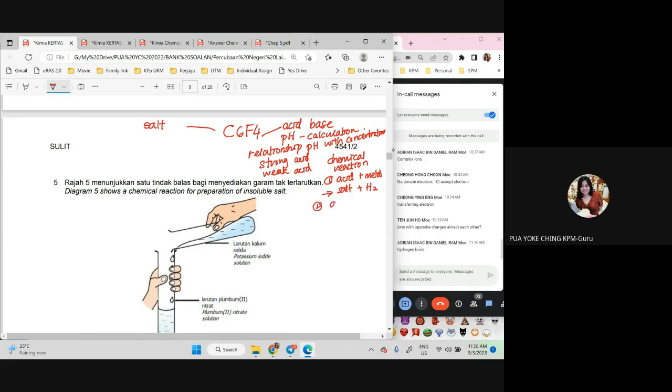And then we have acid plus metal carbonate. We have salt plus water plus CO2. And then you have acid plus alkali, which is you got salt and water.